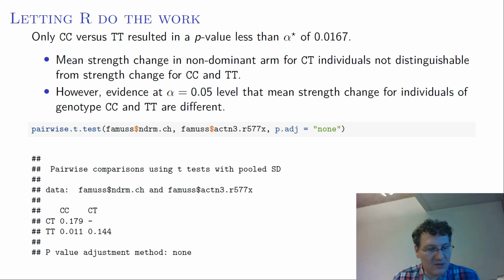And look at these, you can see that between CC and CT, that's a pretty high p-value. Between CT and TT, that's 0.144, that's also pretty high. But between CC and TT, it looks like that difference in means, 0.011, is actually a significant difference in means.